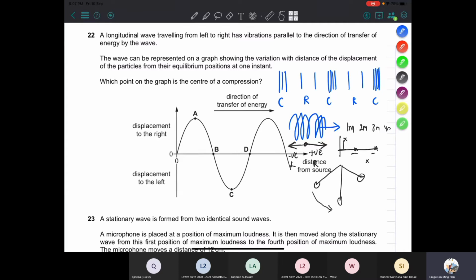So this one is the fastest. Your spring moves left and right, so at the center it will be the fastest. At the zero displacement, it will be the fastest.